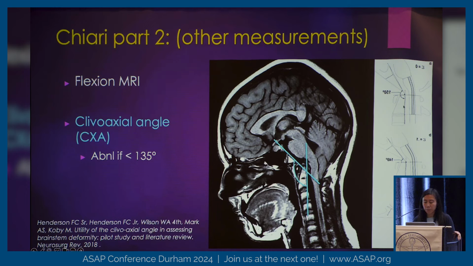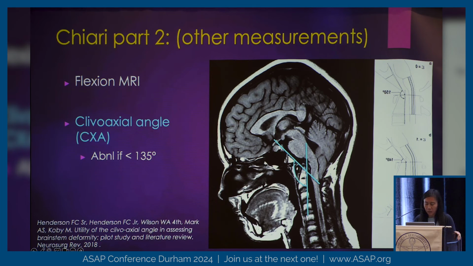So here I grabbed something from the literature. It's flipped, so don't worry, the text is backwards. I flipped it to match the actual anatomic imaging we're looking at. So this is the normal. It's like 150 degrees. Then they had the patient flex their head, and they got something like 140 degrees. And then this is a patient with instability, and they're flexed, and you can see that it's less than 135.